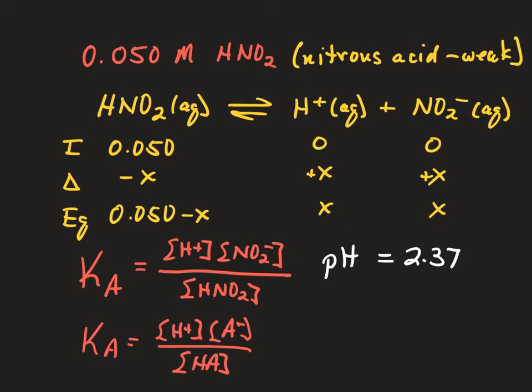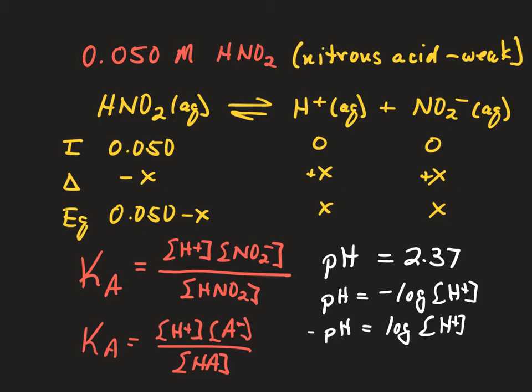Since the pH is equal to the negative of the log of the concentration of hydrogen ions, that means the negative of the pH is equal to the log of the concentration of hydrogen ions. And so 10 raised to the negative pH is equal to the concentration of hydrogen ions.